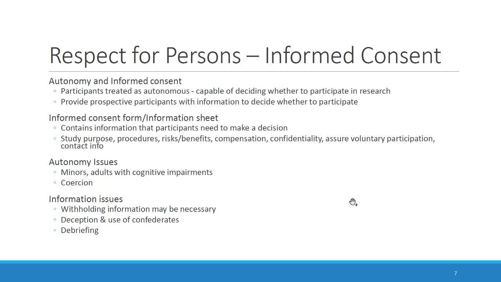There can be autonomy issues with research in terms of minors and adults with cognitive impairments, so researchers need to be aware of these and make sure that they're not unduly coercing people into participating.